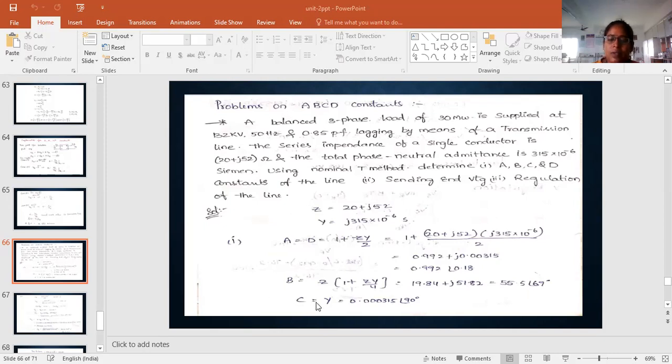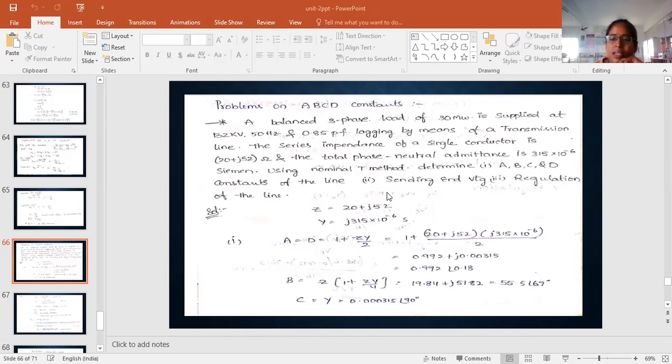And C is equal to Y, so the Y value can be substituted directly here, 0.000315. This is the C value. So the first part of the nominal T method problem is to find the A, B, C, D values.